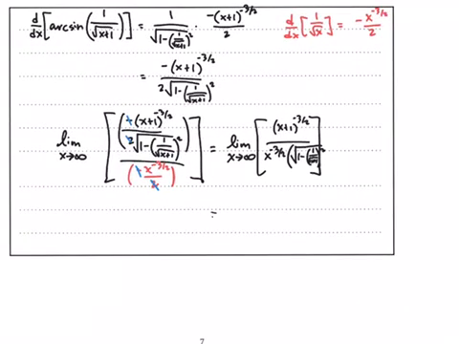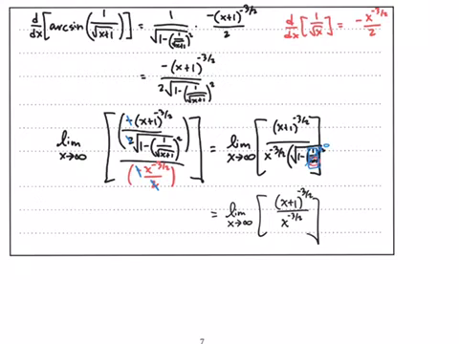That was pretty ugly. Okay, now as x goes to infinity, this thing will go to infinity, which means this thing will go to 1 over infinity, which is 0. So that's going to go to 0. Okay, now, if that thing's going to 0, then what I really have is x plus 1 to the negative 3 halves over x to the negative 3 halves times 1.